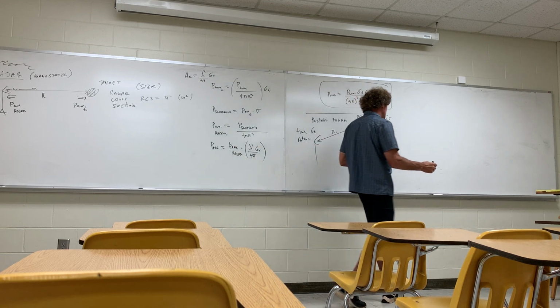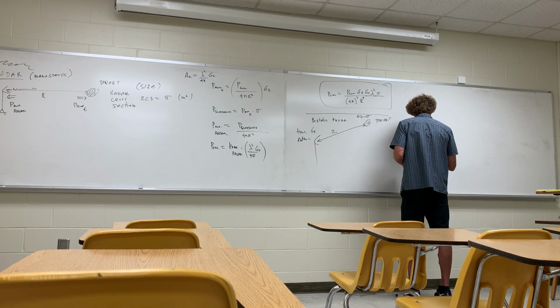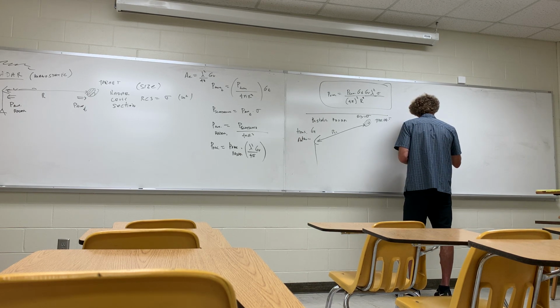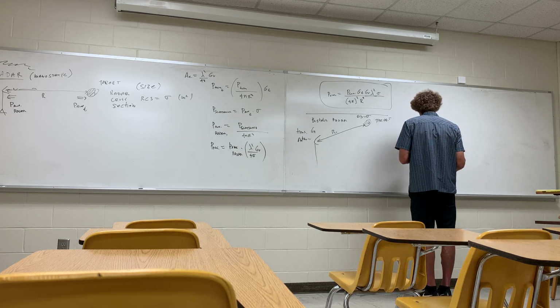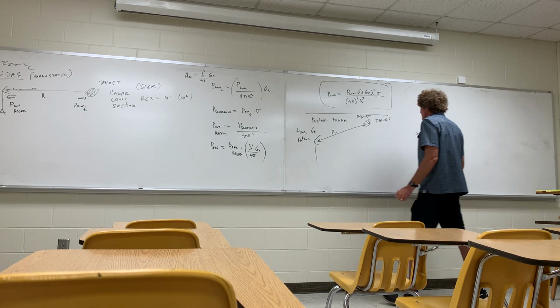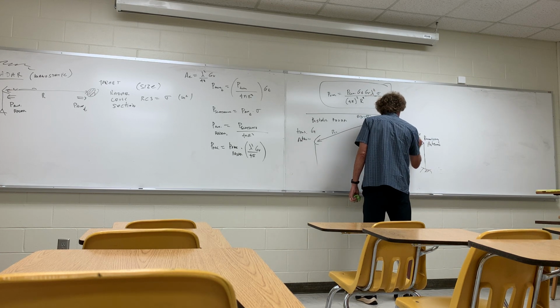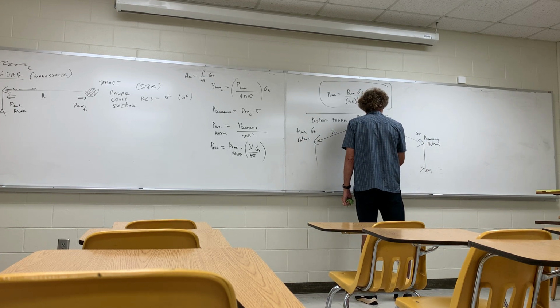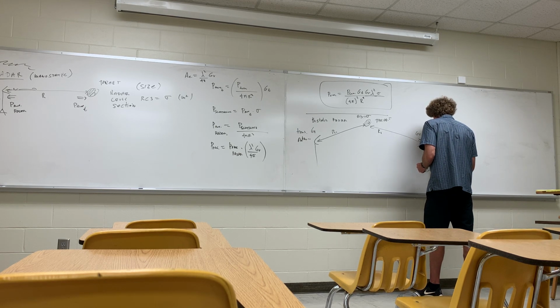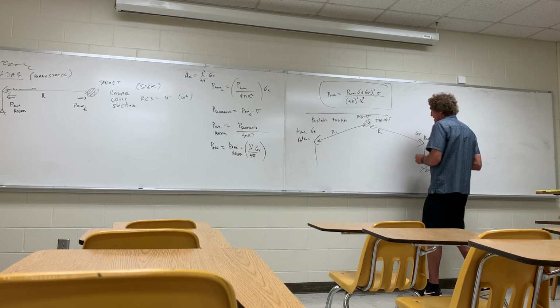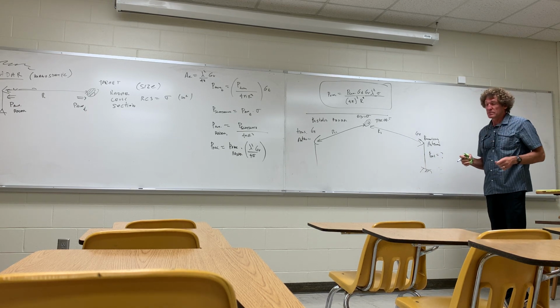Then we're going to have a receiving antenna over here. And this will have the gain of the receiver here. And this is going to be at a range R2. And now what we are actually interested in is the received power here at the second antenna. So this is bistatic.